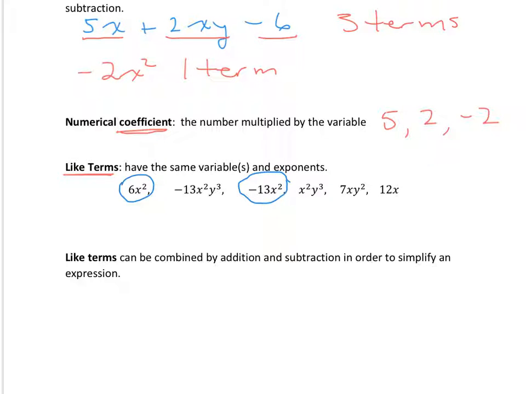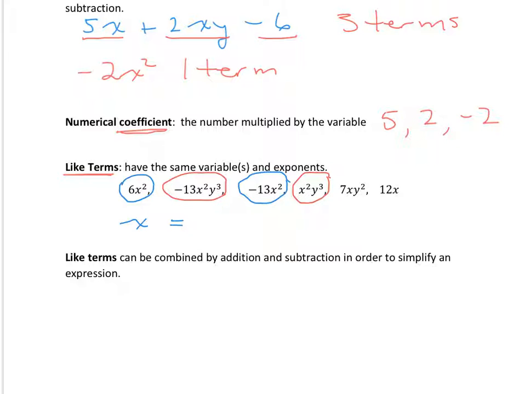I'm going to switch to red here, and let's take a look at the second term here, negative 13x squared y cubed. And the only other term that is like that one is this one that has x squared y cubed. And just as a note, when you have just an x, the coefficient is 1.